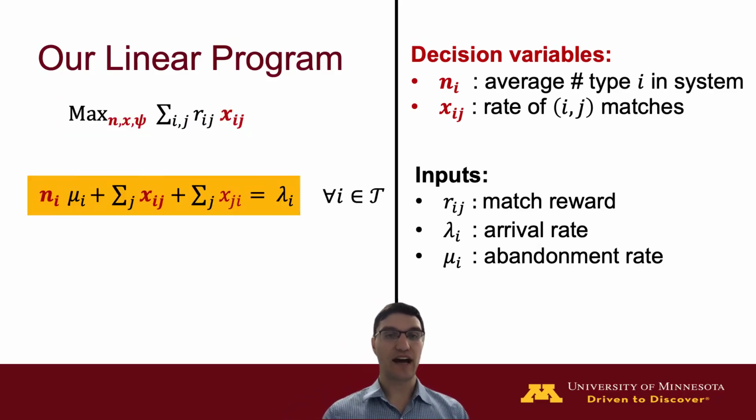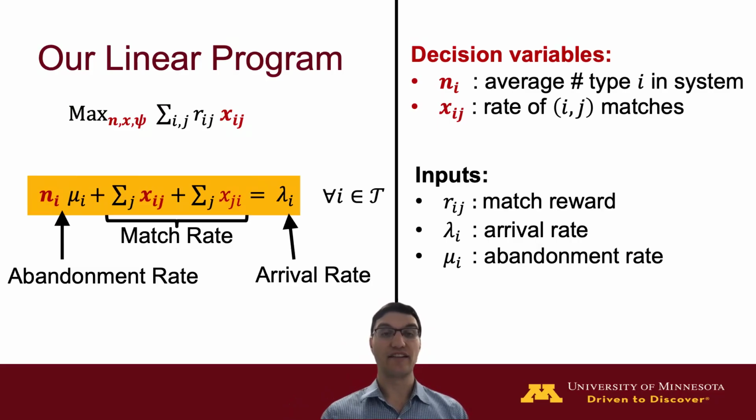On the right, this lambda i is the arrival rate of agents of type i. Every type i agent has to depart in one of two ways: either it matches, or it doesn't match and abandons the system. This sum of x's is the rate at which we're matching type i's.